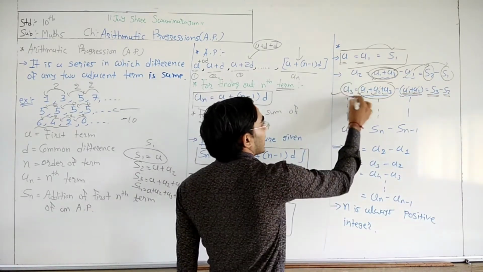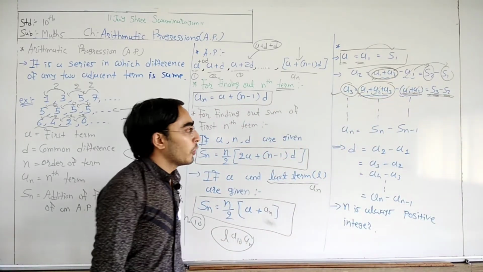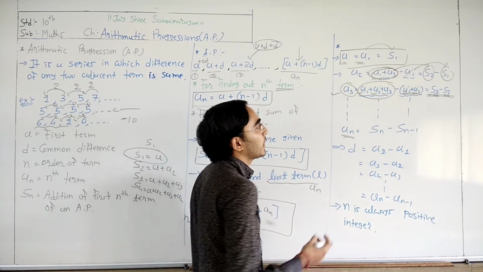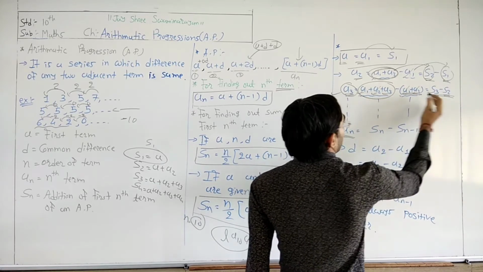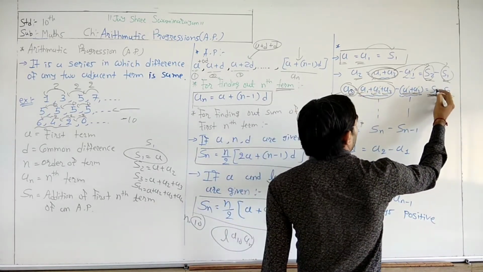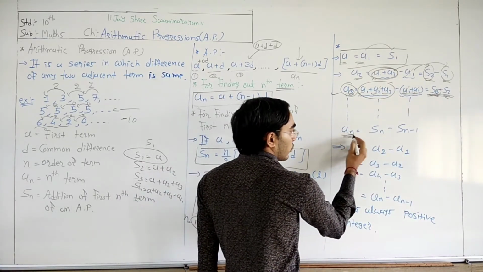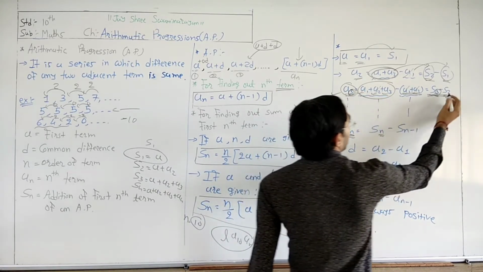So a3 is equal to S3 minus S2. And so on. If we want to find an, just see the pattern: a2 = S2 minus S1, a3 = S3 minus S2.